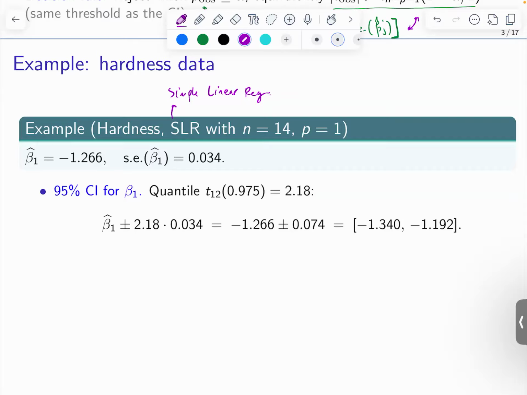There's a prediction problem about two properties of a spring, I guess, like hardness and tensile strength or something like that, how much it compresses or so. I forgot. But you have 14 observations, one variable, and you try to predict the other. So it's really simple linear regression. You have just a single covariate.